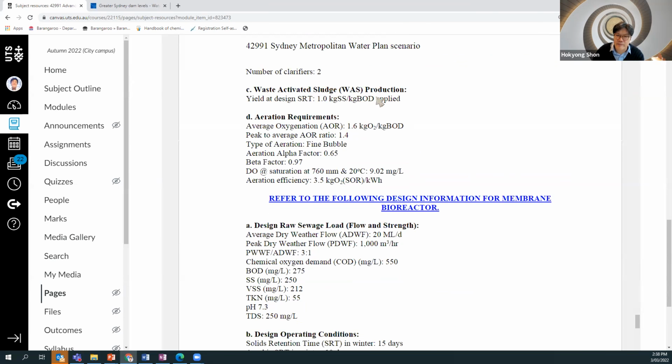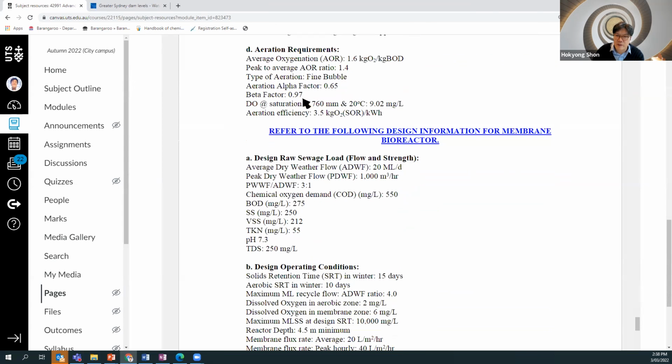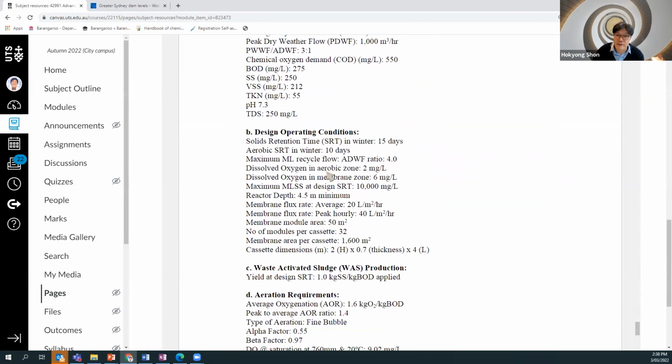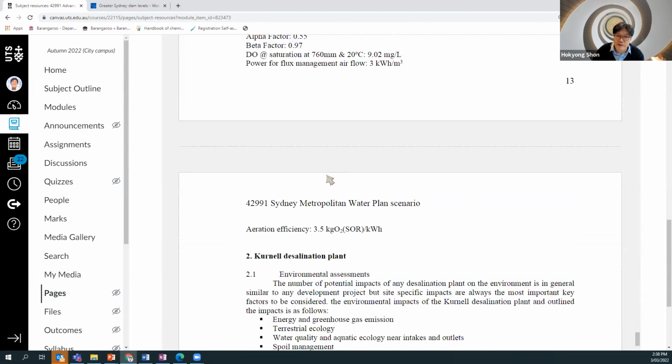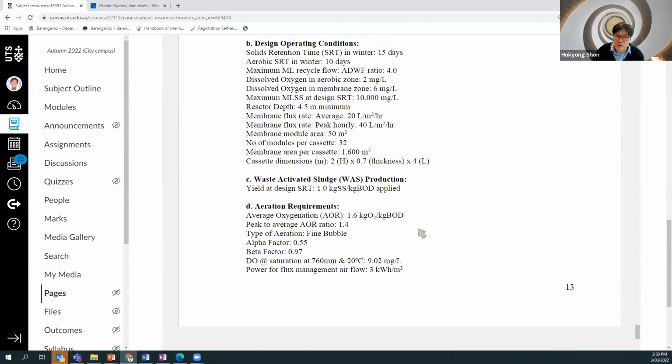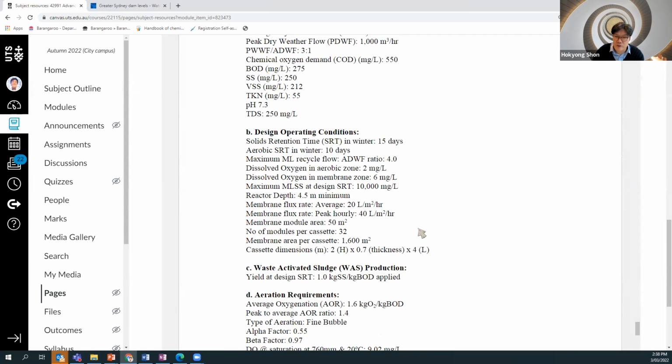What's the current activated sludge production and aeration requirement? Also, you can refer to some of the flow and design operating conditions. That's all you need to design your wastewater treatment plant with an advanced wastewater recycling membrane bioreactor.